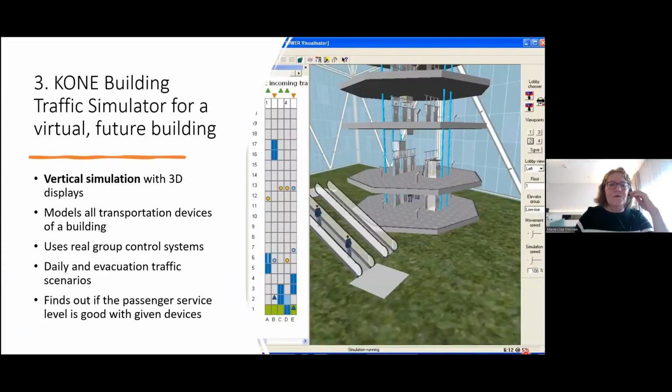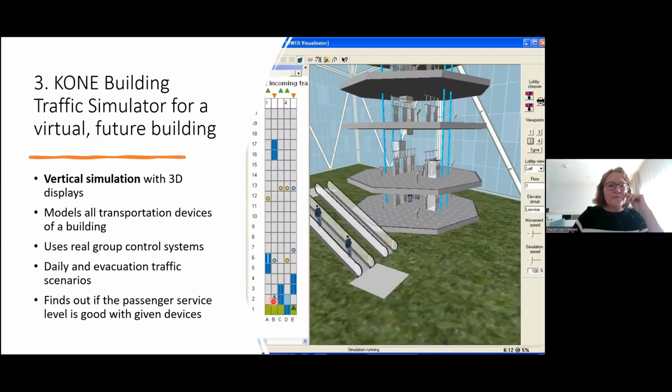This is a bit more sophisticated simulator from Kone, a building traffic simulator. There we can simulate all transportation devices in the building. Here we have escalators. Here is an elevator group in 3D. This is a two-dimensional view of the elevator group.